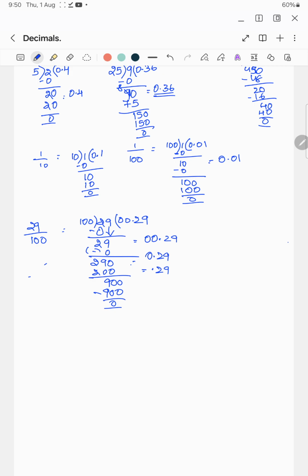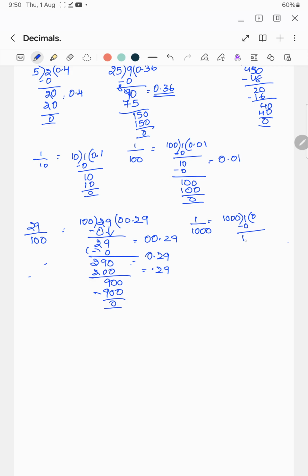Okay. Now 1 by 1000. 1 divided by 1000. Now 1000 zeros are 0, 1 minus 0. This will become 1. Okay. Now there are no numbers to carry down.